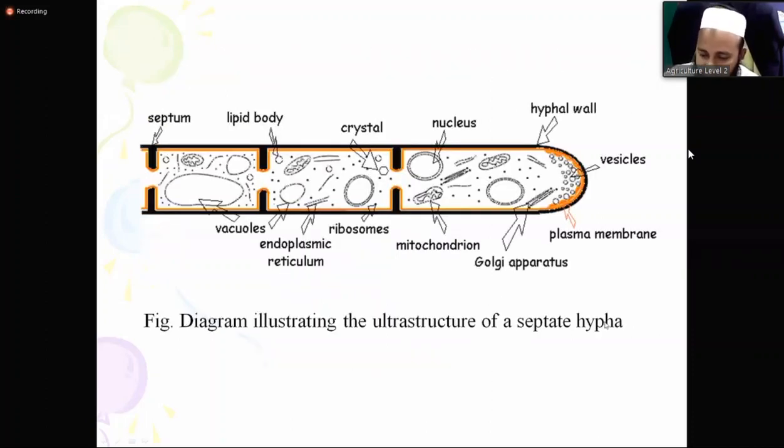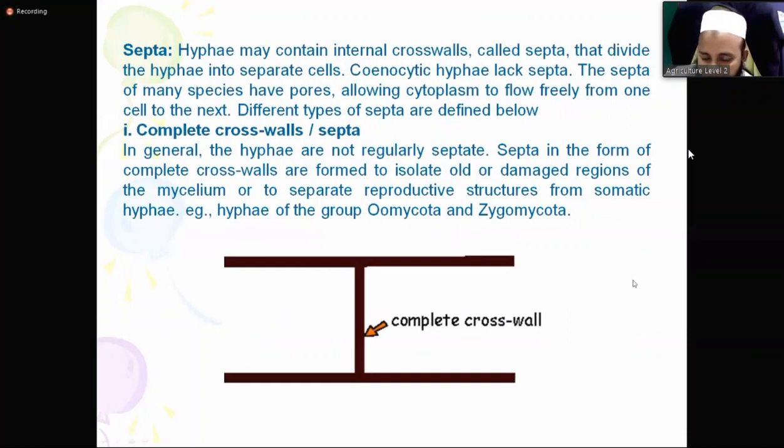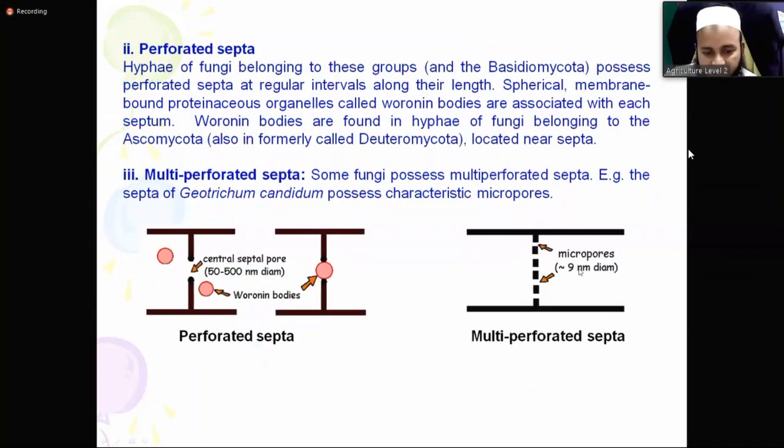So we also studied the outer structures of a septate hypha. And last class we discussed the septa or cross walls in the mycelium. We discussed different types of septa: complete cross wall, perforated septa, and multi-perforated septa.